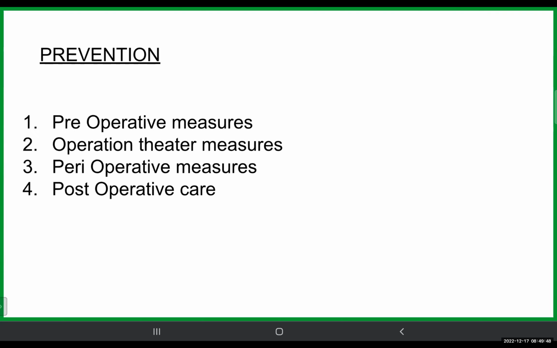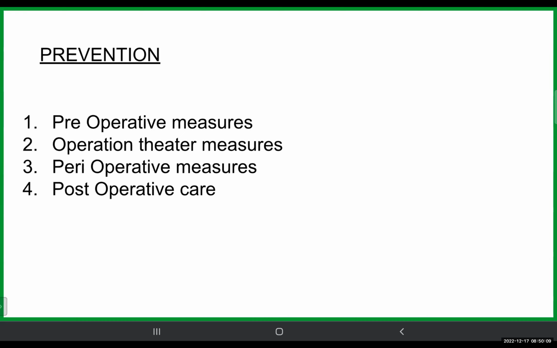Agree. So if you have a simple wound infection, superficial site infection, in that case, what should be your measure? In this patient, there is no shock or systemic sepsis.